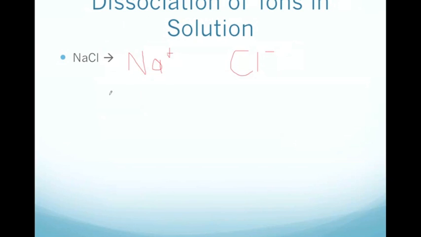If you look up, remember Na is group 1, so it'll form a 1+, and Cl is group 7, so it'll become a 1-. So in a solution, NaCl isn't one thing chunked up together. It's two separate ions that move independently of each other.